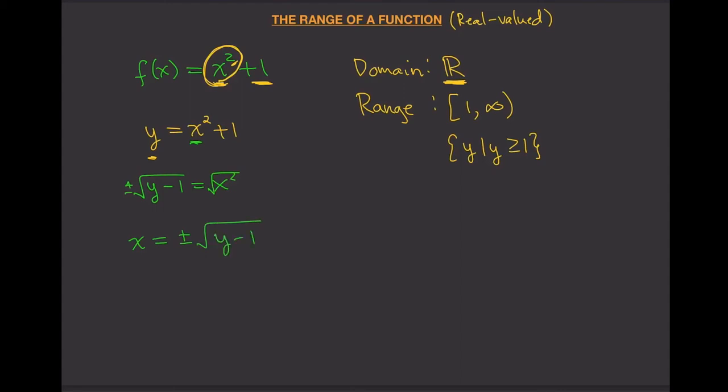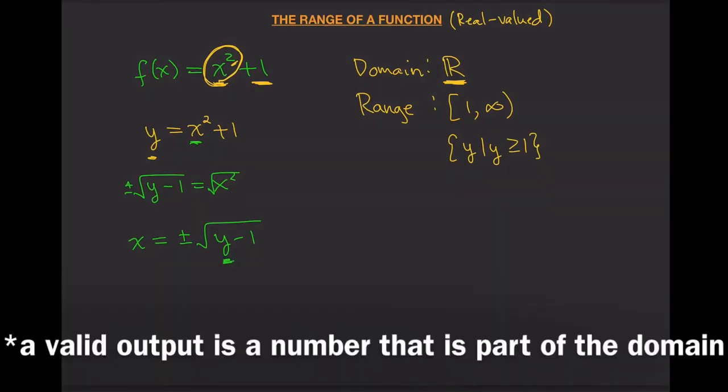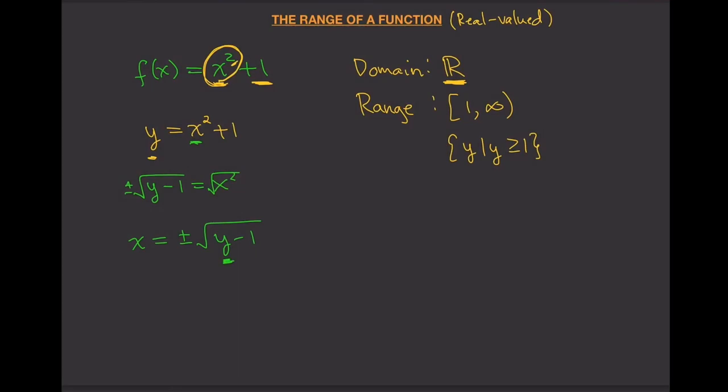And then what you're going to do is try to find the values of y that will give a valid output. So basically, y will be your new input and x will be your new output. So what values of y will give valid outputs?